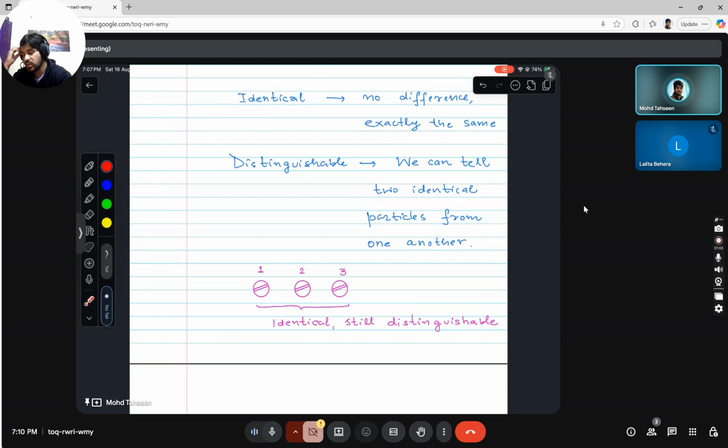A better way to say it: if I have one ball in my right hand and one ball in my left hand, they look exactly the same.